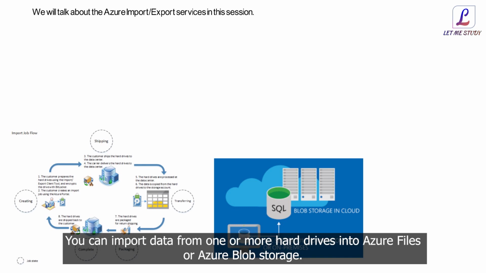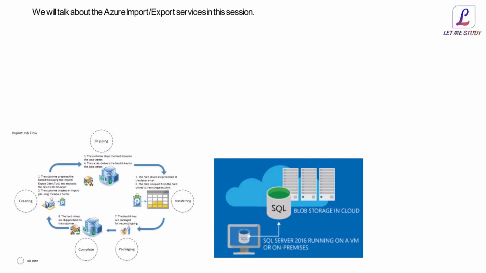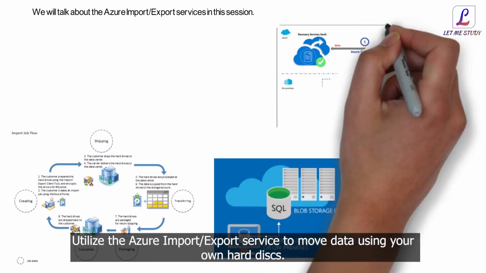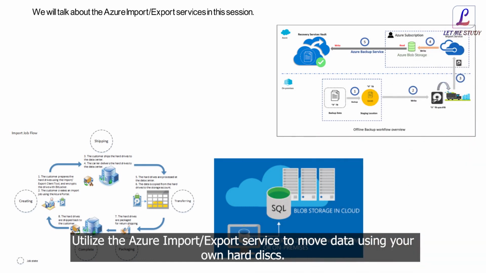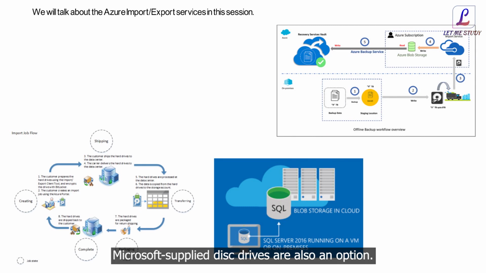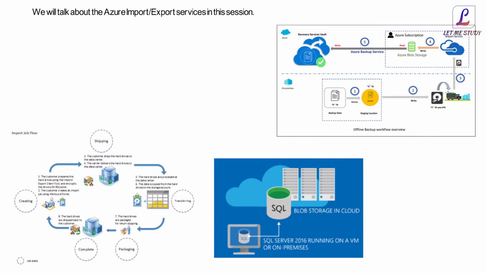You can import data from one or more hardware drives into Azure Files or Azure Blob storage. Utilize the Azure Import/Export service to move data using your own hard disks. Microsoft-supplied disk drives are also an option.